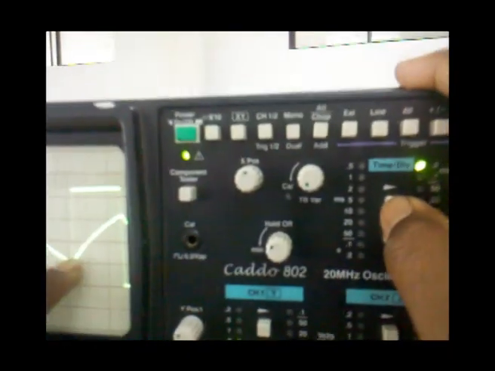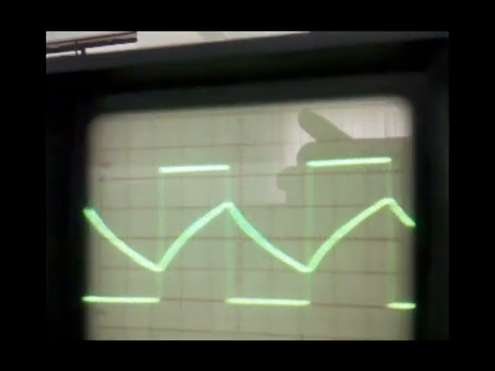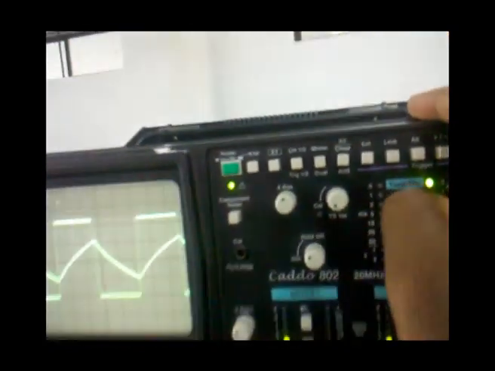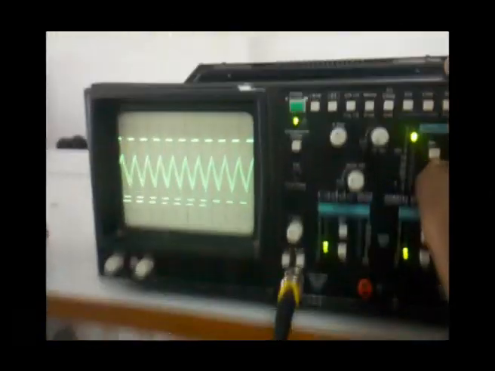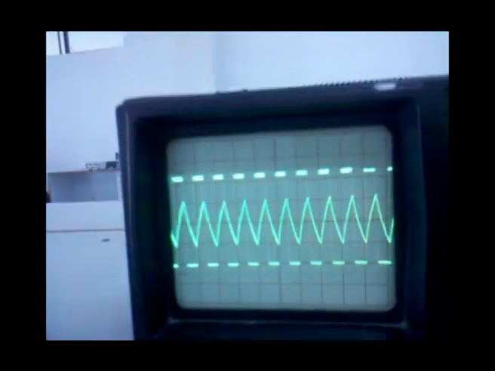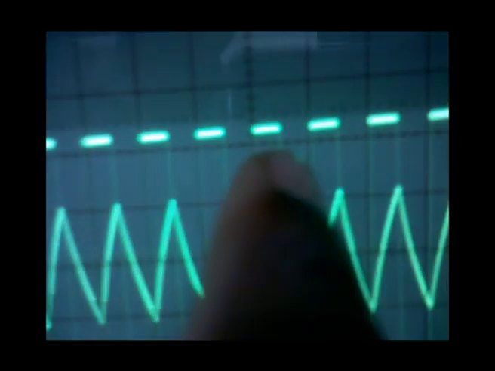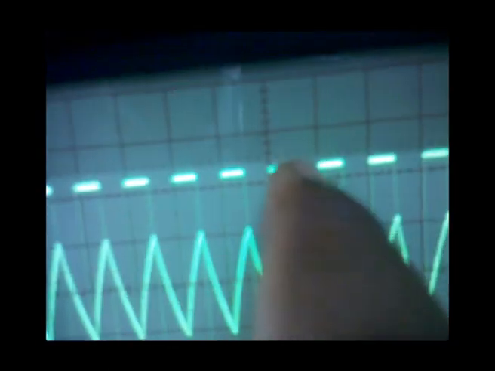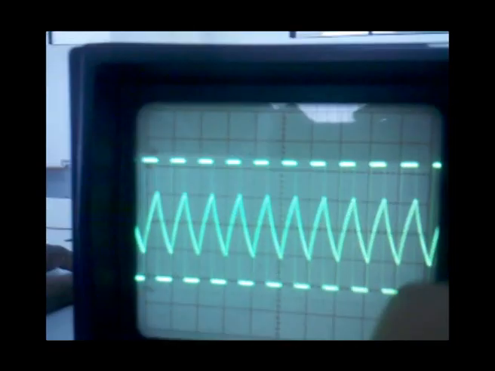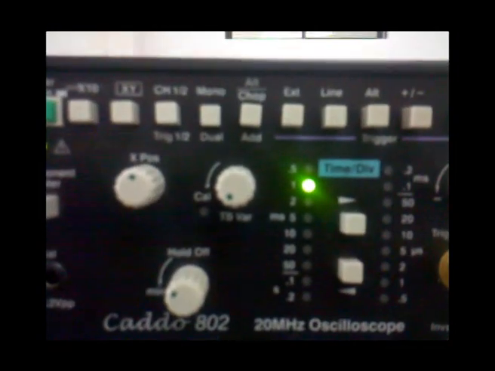See, this is charging and discharging. When it is charging, T on, and when discharging, T off. We should find out the time period or frequency for this. Check how many units each cycle occupies. The on period and off period together occupy 1 unit, and 1 unit into 1 millisecond.